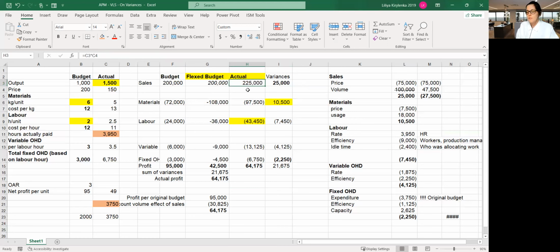It allows us to see how much revenue is compared to the original budget, but a more relevant way would be to calculate volume variance based on net profit if we are talking about absorption costing. Okay, so that is how we calculate absorption costing variances.